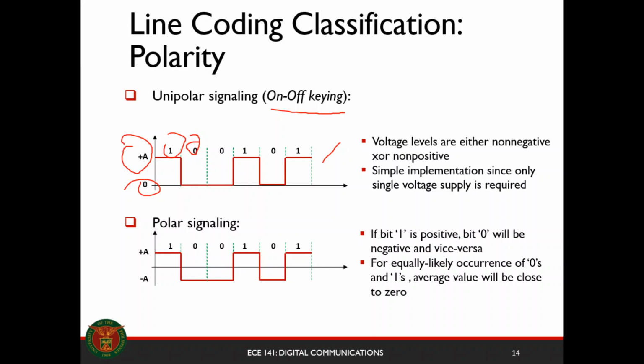However, the DC value of this signal is certainly not 0. Polar signaling, basically your 1 is still positive, but your 0 is negative. And as you can see, the DC bias of this signal is 0. So that's the difference between your unipolar and polar signaling.